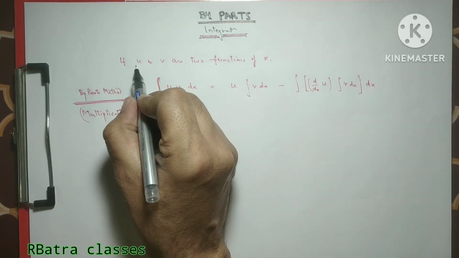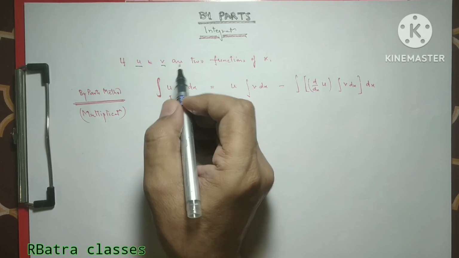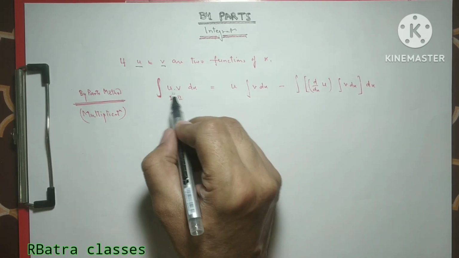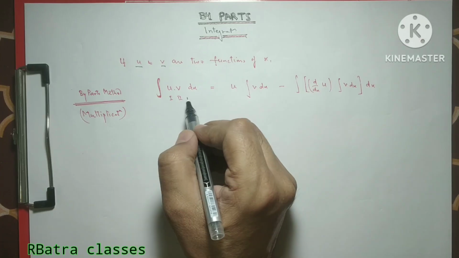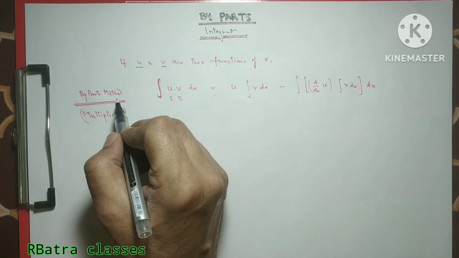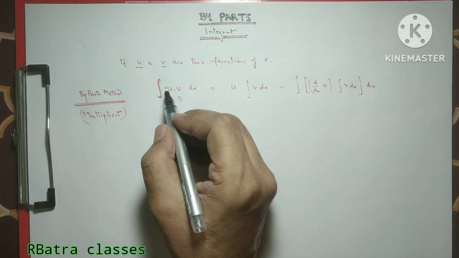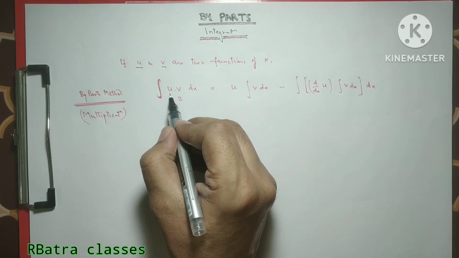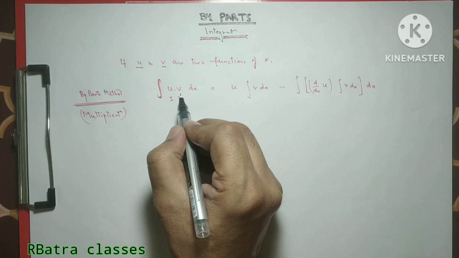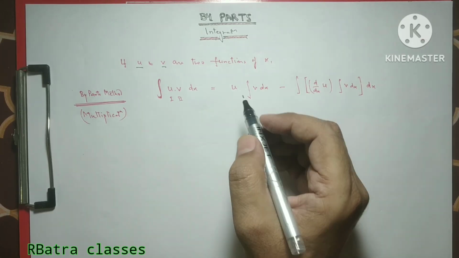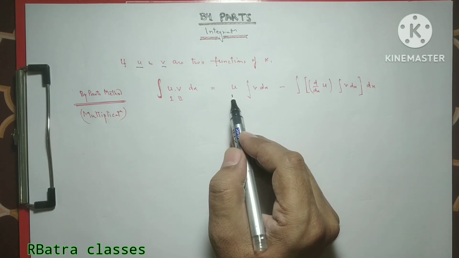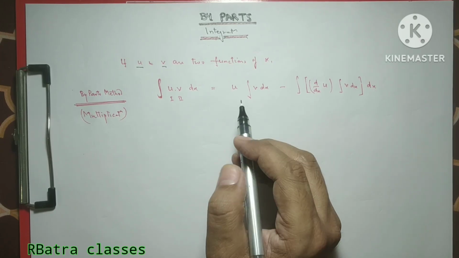When we have two functions u and v, and these are functions of x, and these are in a product, and you want to integrate these, we use this method, the by parts method. If we want to integrate the multiplication of two functions of x, then we will use this process, by parts.